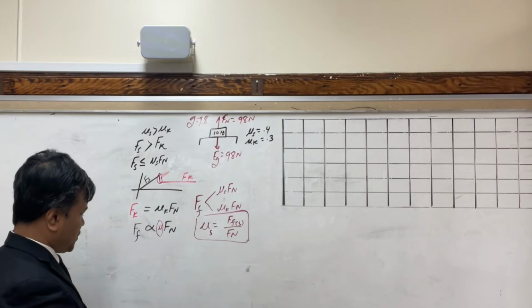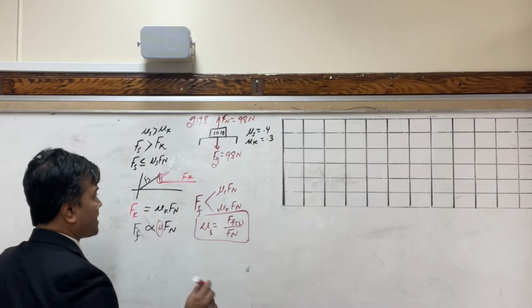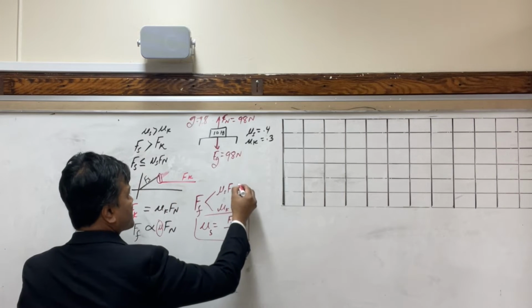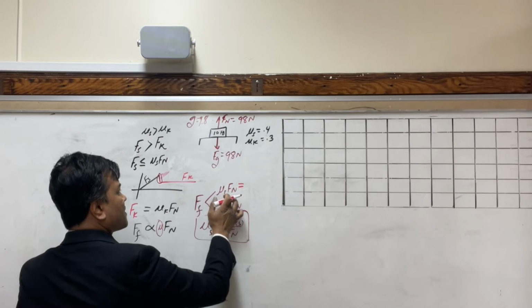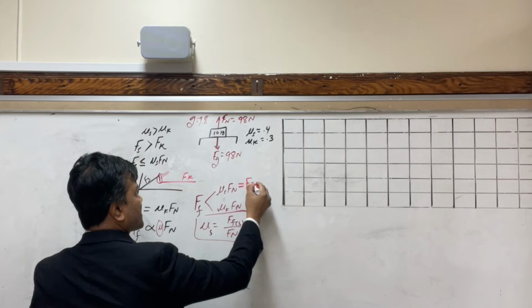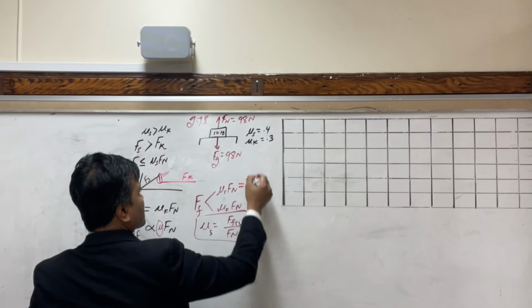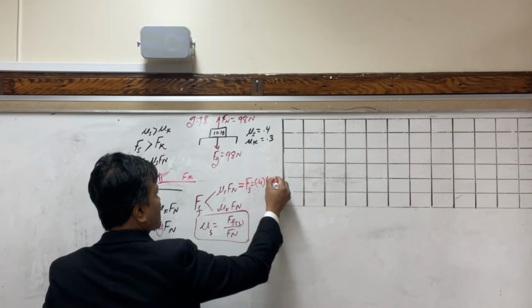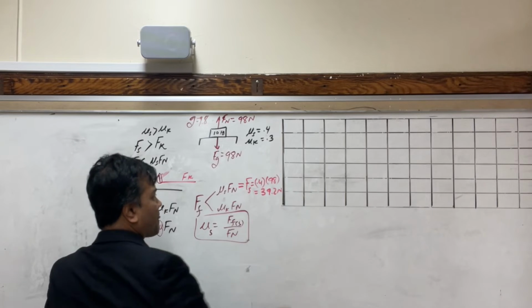All right, so one more thing, and that is, what is the maximum? Let's find it. This is called maximum static friction possible, because this is Fs. And what is it? Mu s is 0.4 times Fn is 98, and that is 39.2 Newton.